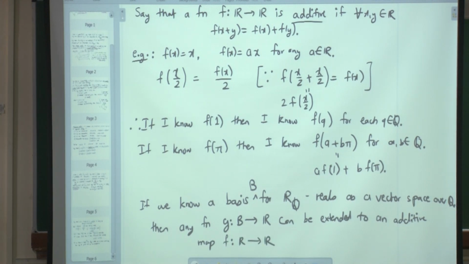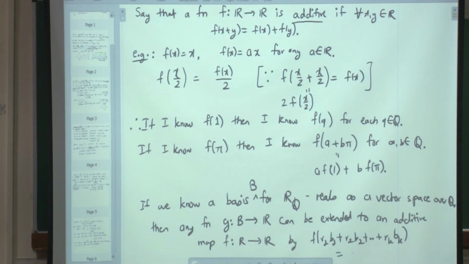Why? Because every element in real numbers is a finite linear combination of basis elements. So therefore I can write that F of r1 b1 plus r2 b2 plus dot dot dot rk bk, what will it be?